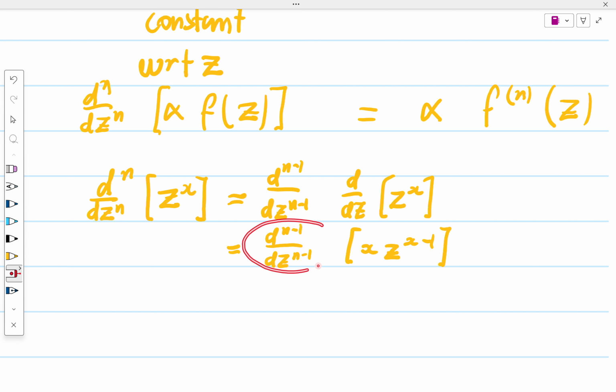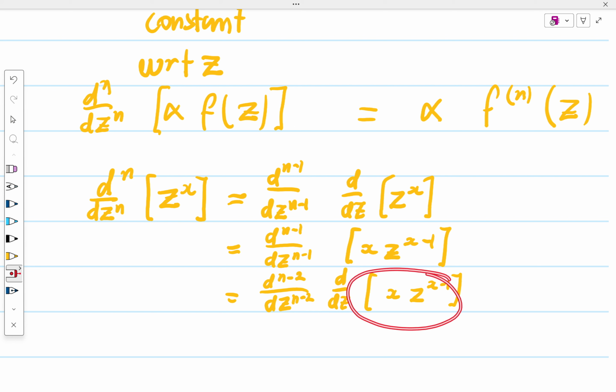Now, taking the n minus 1th derivative is the equivalent of taking the first derivative and then taking the n minus 2th derivative at the start. Now, if we were to evaluate this expression, again, this is a polynomial in z.